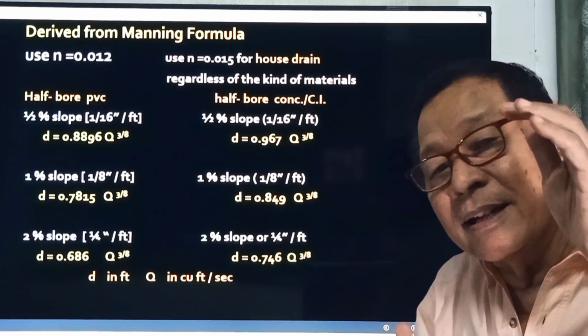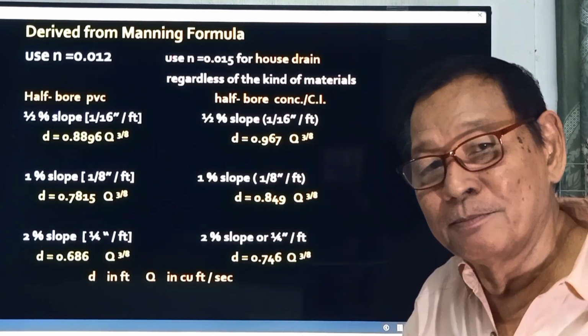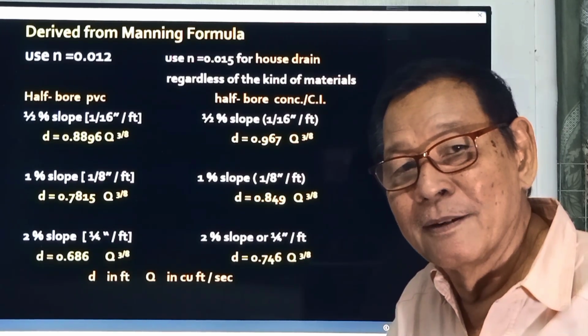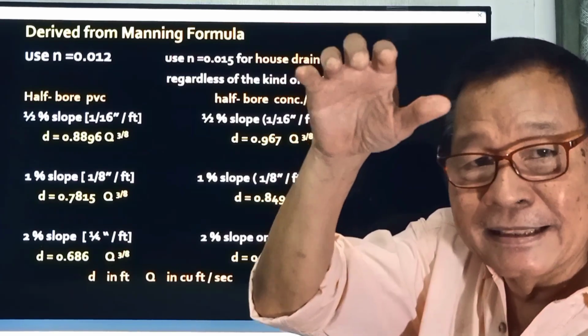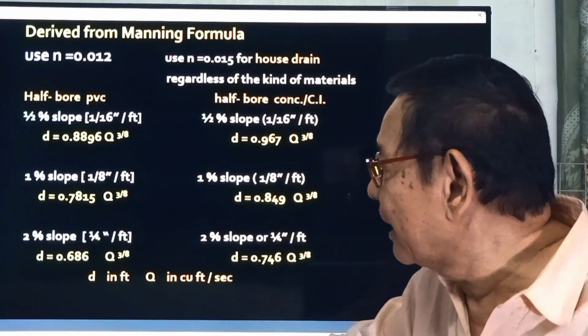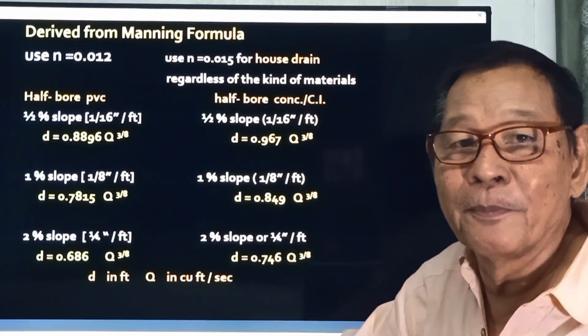Now, you have choices on the headroom. If the headroom is still okay with the 1 meter drop, you can use a 2% slope.